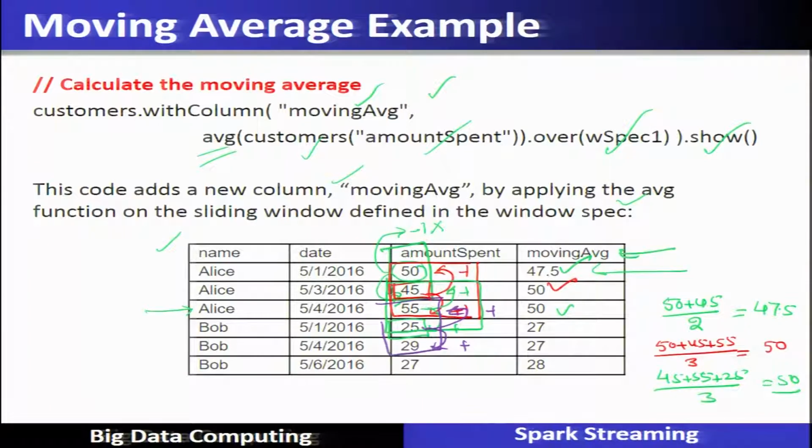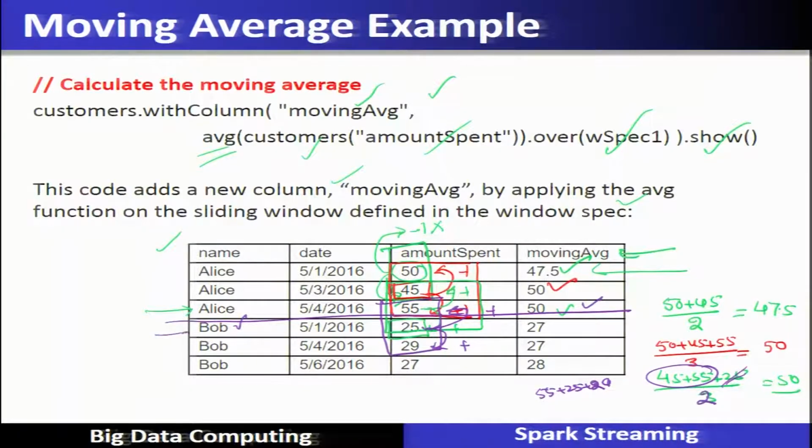So for 25 these three values will be taken up into the window for averaging: 55 plus 25 plus 29, no, not that actually. Up to this point, 25 will not be used. Why? Because it belongs to another customer. So here 45 plus 55 divided by 2, that will be the 25.